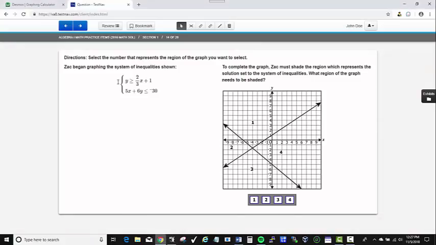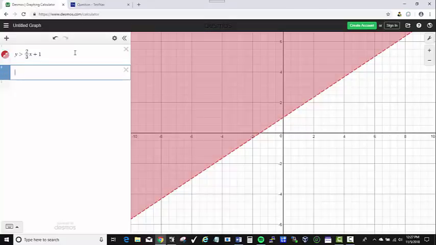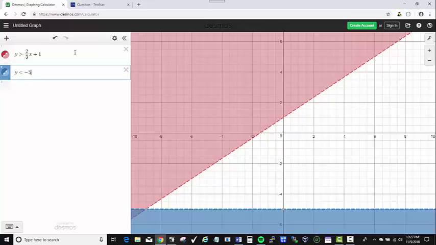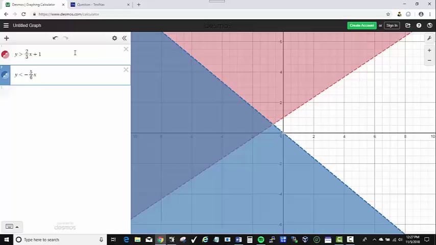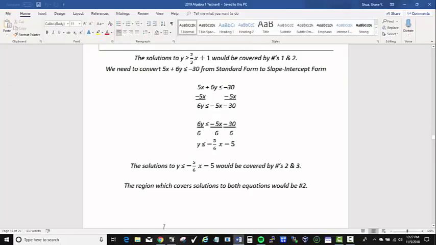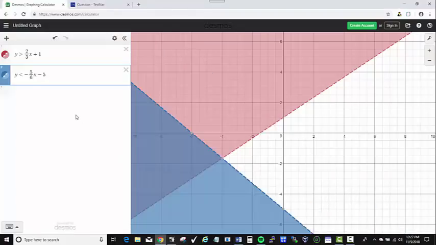Y less than or equal to negative 5/6 x. And did it say plus 5? Minus 5. Okay, minus 5. Well, and that's the graph.